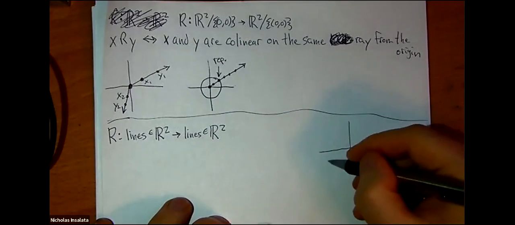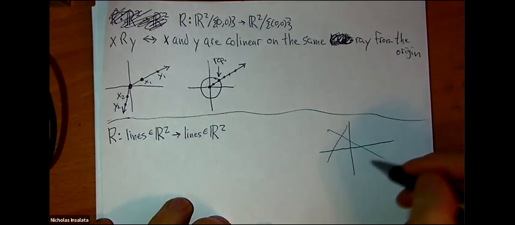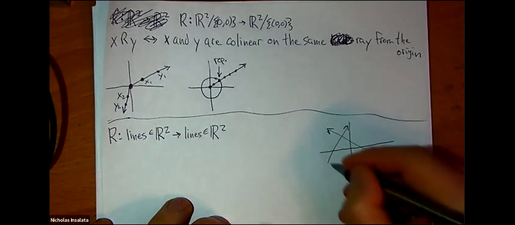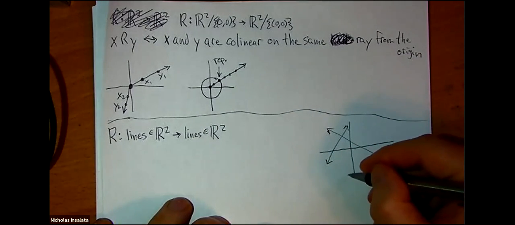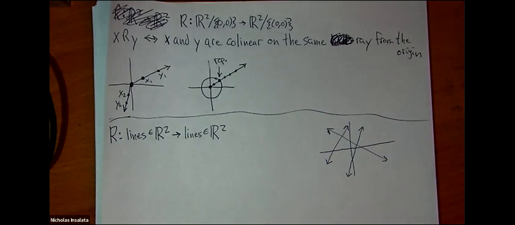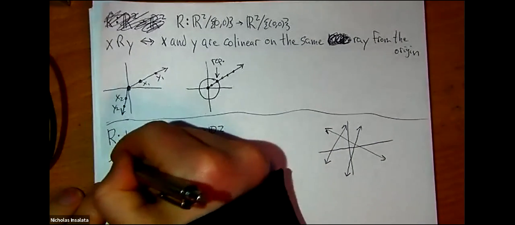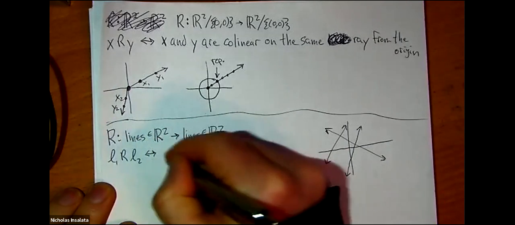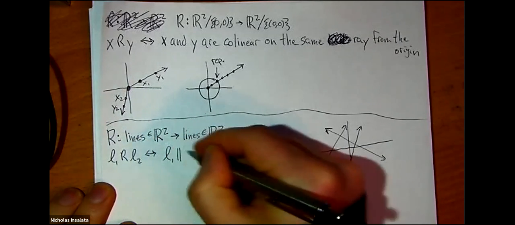So this is a line and that's a line, infinitely long lines. They're all infinite lines, right? Here's another line right here. Okay, and here's our relation. L1 is related to L2 if and only if L1 is parallel to L2.